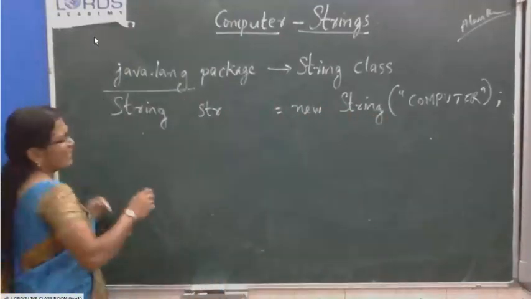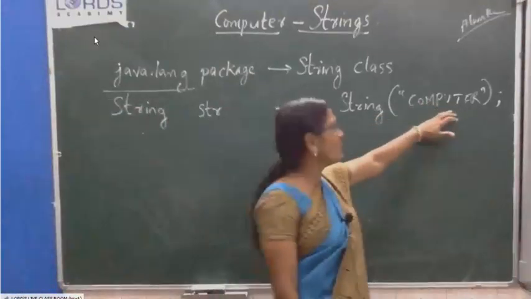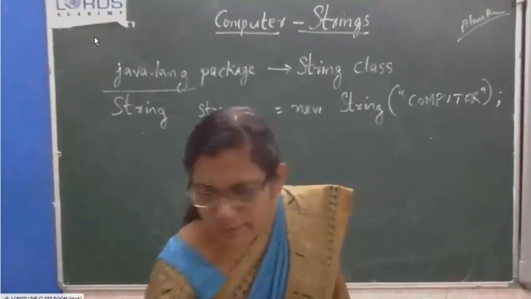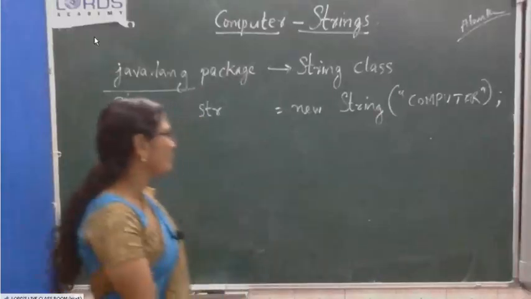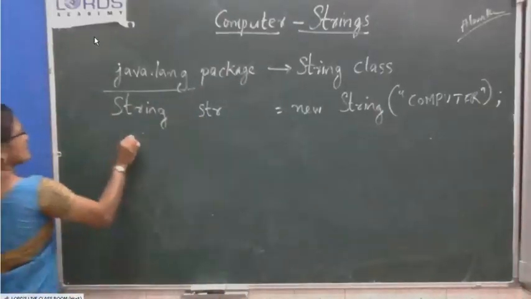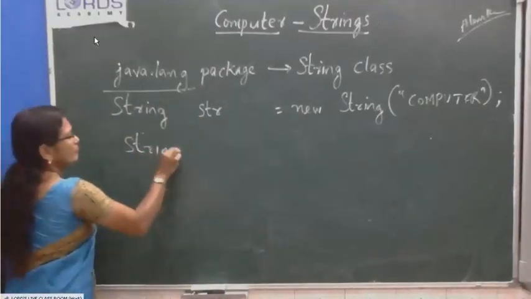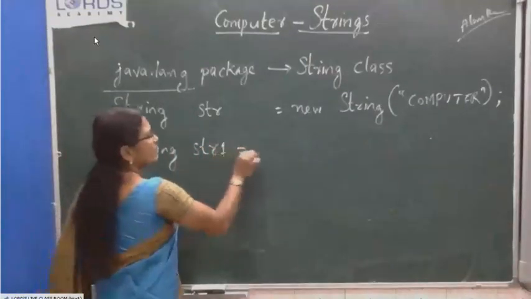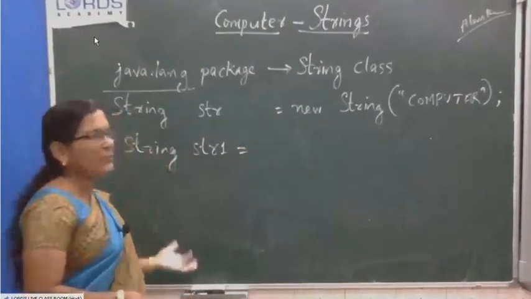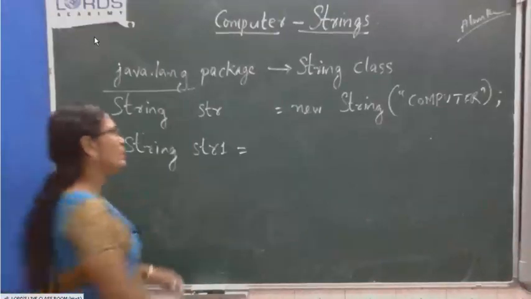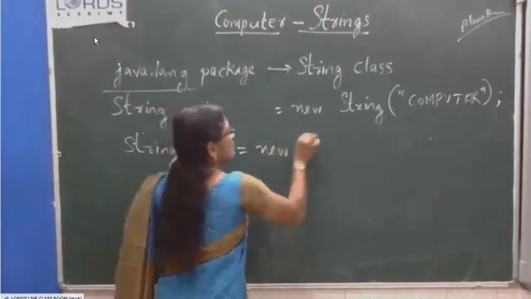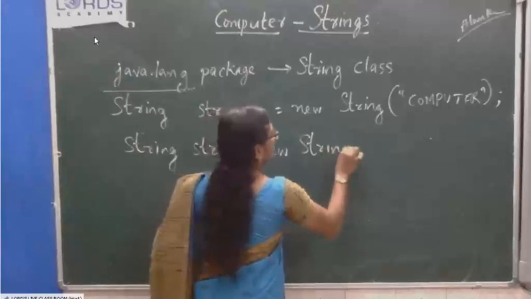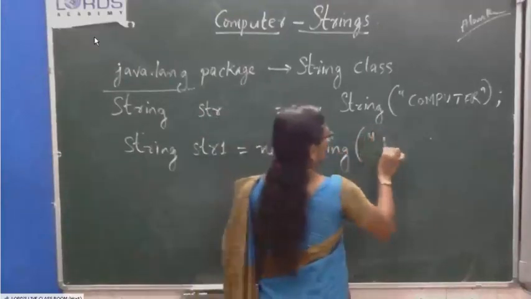Example, I have just given an example, computer. You have to give the string literal there. Syntax is string type variable name str1 equal to new String, and I am giving computer in double quotes.